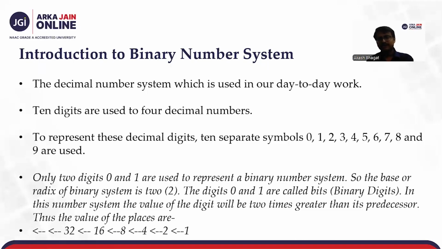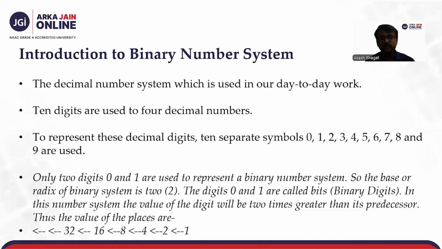Now, 10 digits are used to represent decimal numbers: 10 separate symbols, 0, 1, 2, 3, 4, 5, 6, 7, 8, 9.